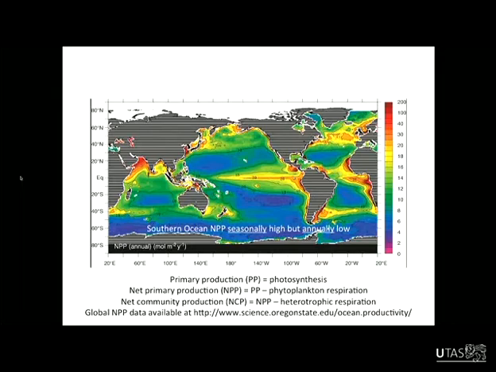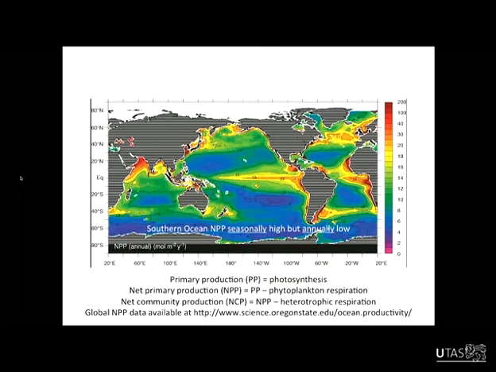I'll just introduce you to a couple of terms here. Primary productivity, PP, is photosynthesis. That's the autotrophic process by which phytoplankton are using solar energy and taking up nutrients and packaging nitrogen and phosphorus and carbon into their cell parts. Net primary productivity, which is what this plot is of, is that primary productivity minus loss processes that are due to phytoplankton.